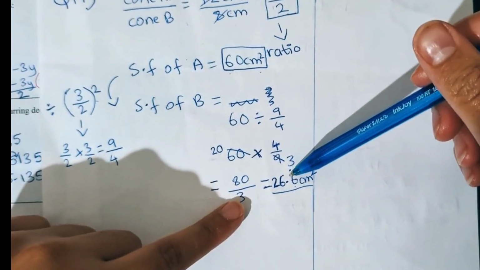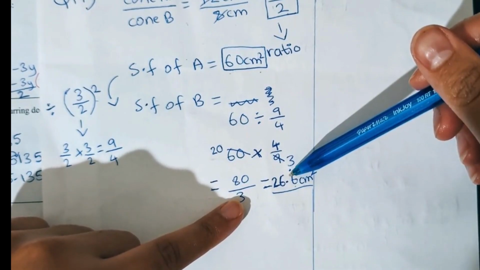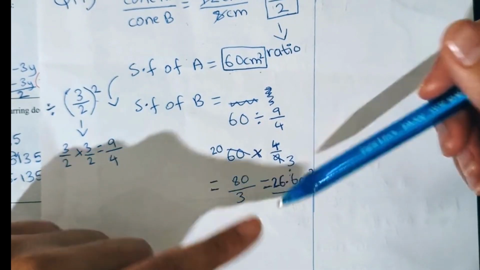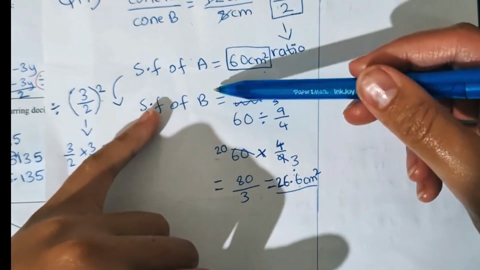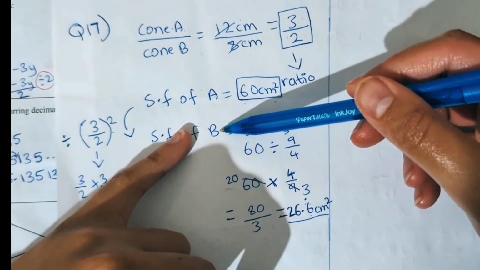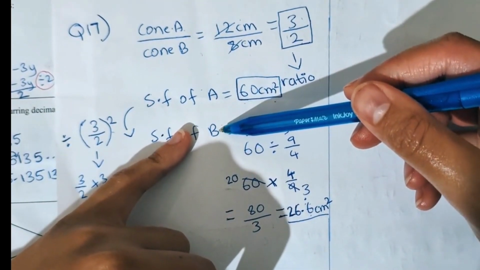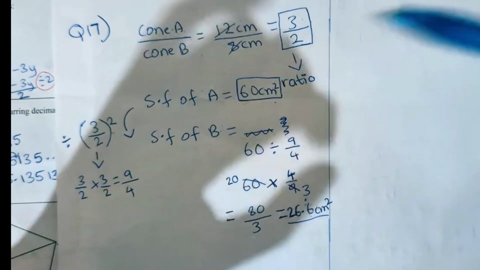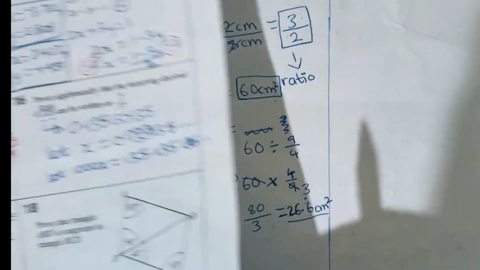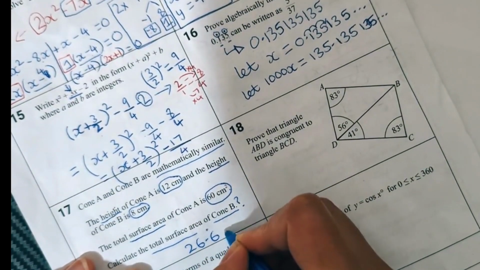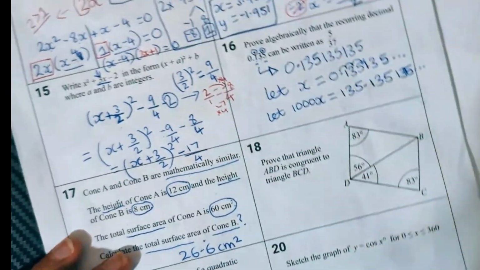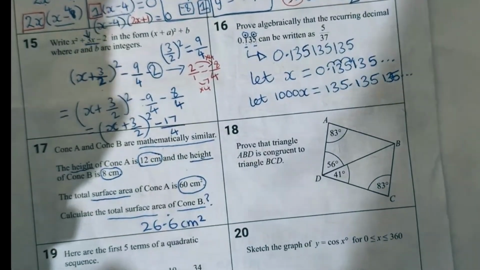For example, if this turned out to be 80 centimeters squared, then definitely you've gone somewhere wrong in your working out, okay? This value should definitely be smaller if the shape you're working with is the smaller shape, okay? So yeah, we've done that question, and I'm going to leave it as 26.6 recurring centimeters squared. Now we've got a prove question.